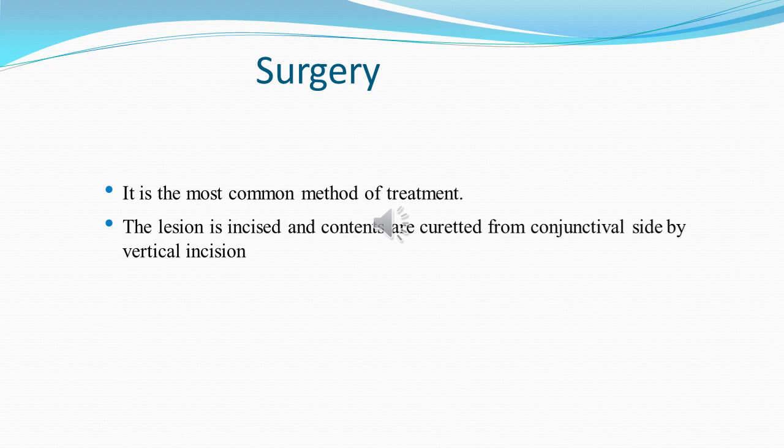So if you do the surgical incision on the conjunctival side, the scar will be invisible, and also it will not cause puckering. One more important point we have to take: we should not extend the incision up to the lid margin.